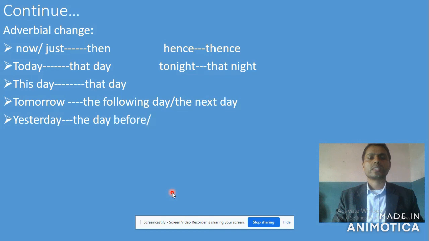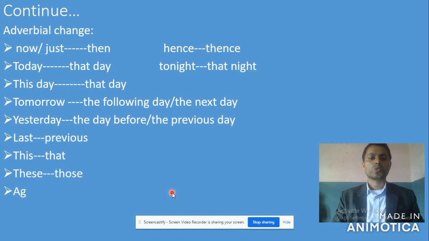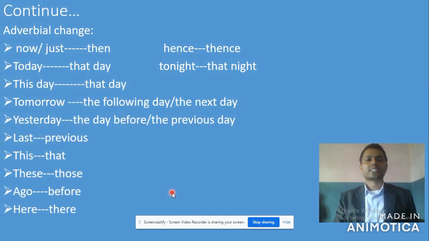Yesterday changes into the day before or the previous day. Last becomes previous. This, that, these, those, ago, before, and here, there. So these are the changes we have to make under adverbial change into indirect speech.